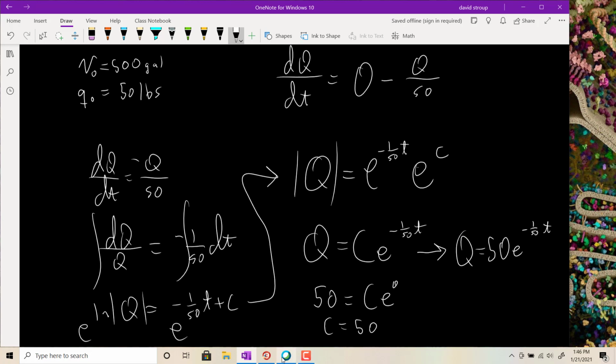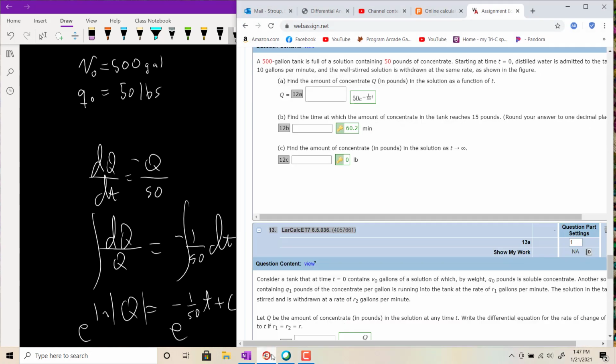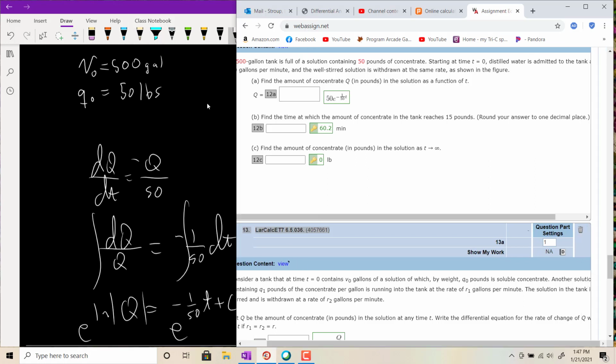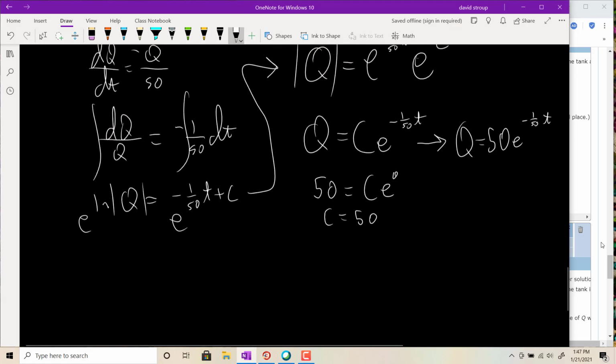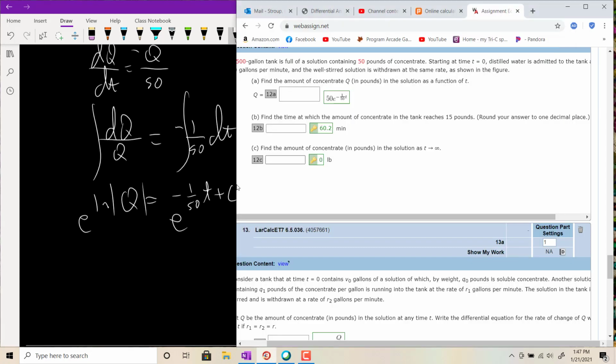Okay, so let's go back and see if that's what the answer is. Find the time at which the amount of concentrate in the tank reaches 15 pounds. The amount as time t goes to infinity is pretty easy. Let's do one thing at a time.